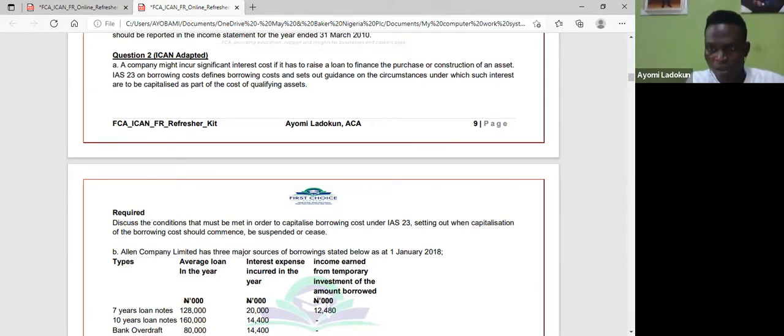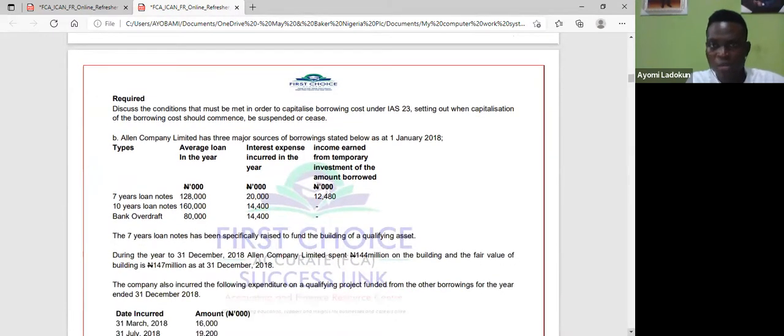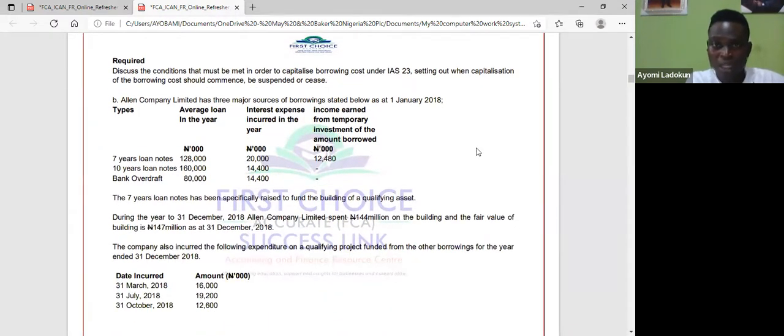Required: discuss the conditions that must be met in order to capitalize borrowing costs under IAS 23, and set out when capitalization of borrowing costs should commence, be suspended, or cease. That is 7 marks. This is a 15-marker question. Even if you don't get part B properly, and you are able to get 7 in part A, then you get, let's say, around 3 in part B, because that was 8 marks, you have scored 10 over 15.